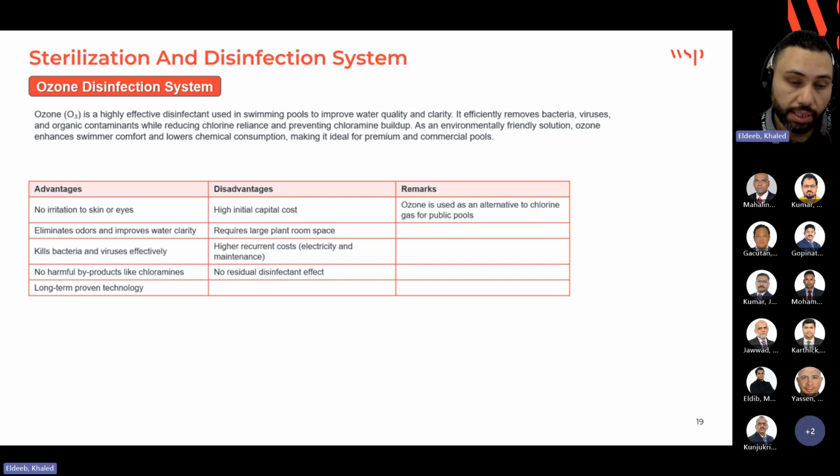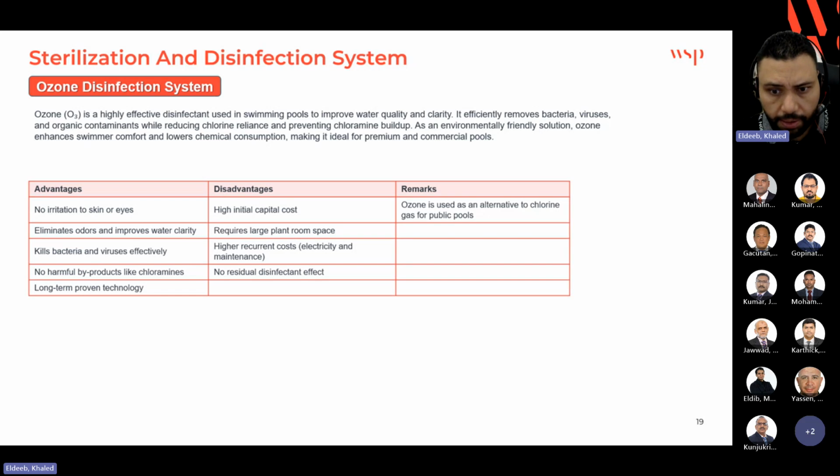This is very important, one of the main drawbacks of ozone: no residual disinfectant effect. Ozone only reacts at the moment of reaction. After that, the water doesn't have any residual. Unlike chlorine, where the free chlorine reacts and causes combined chlorine, and the remaining stays free until finding other contaminants in the water outside.